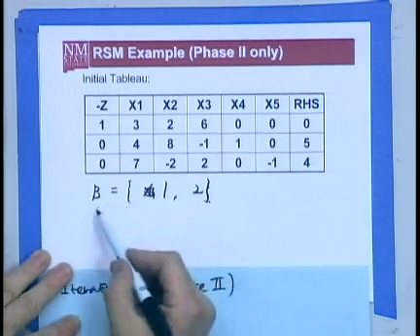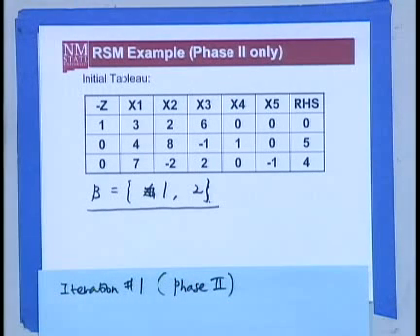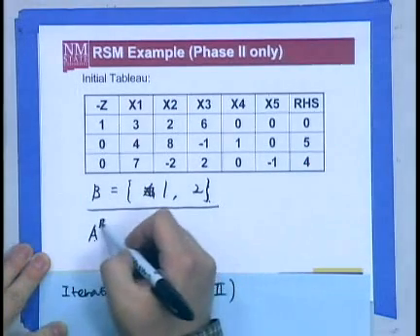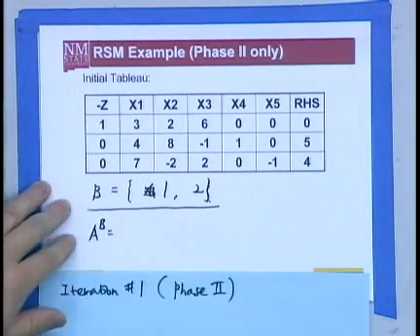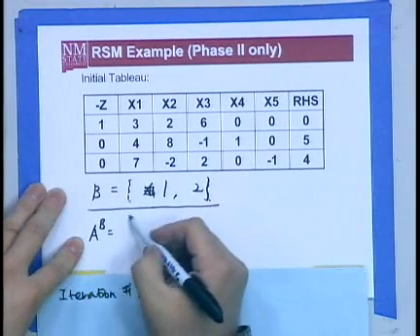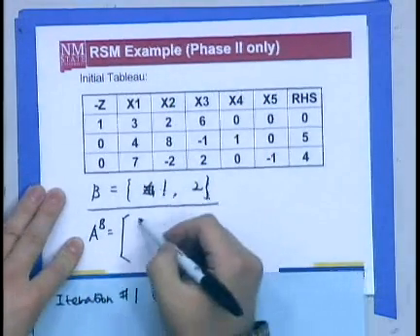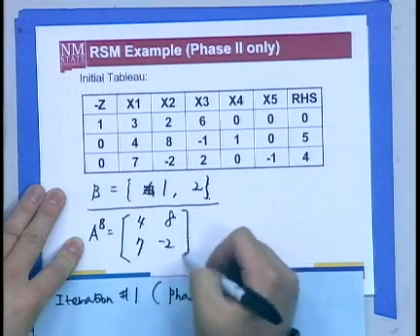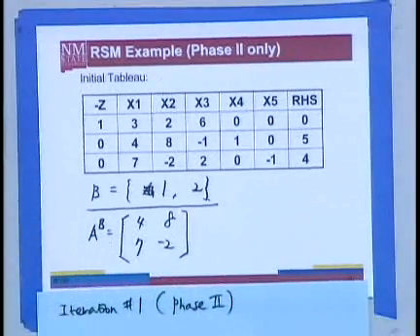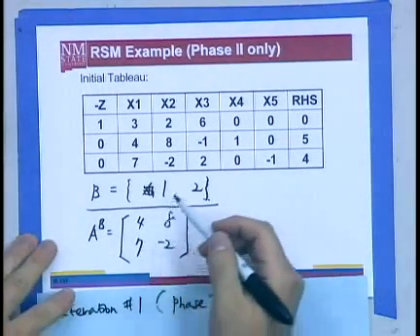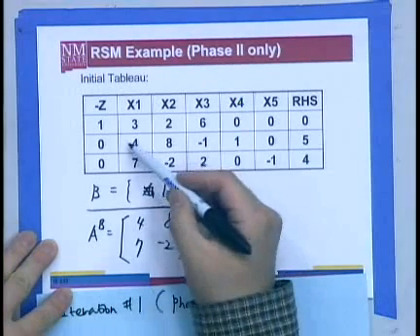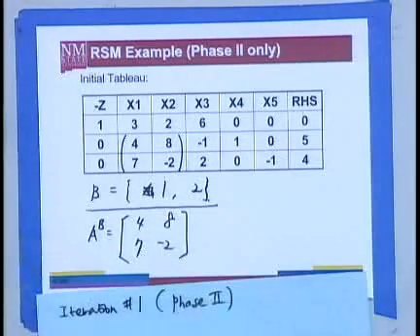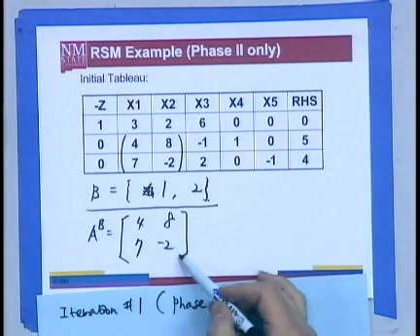And the basis set B equals 1, 2 tells us the basic matrix, which is represented by A superscript B, is 4, 7, and 8, negative 2. Is that right? Because the basic variables' columns of the constraint coefficient matrix, which is this part, right, is the basis matrix. Okay?